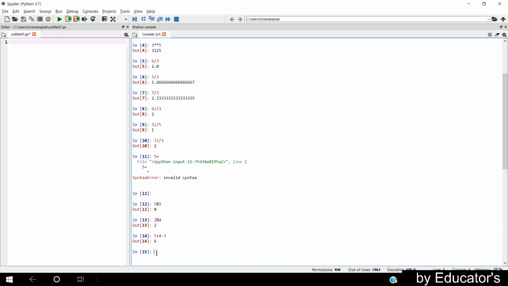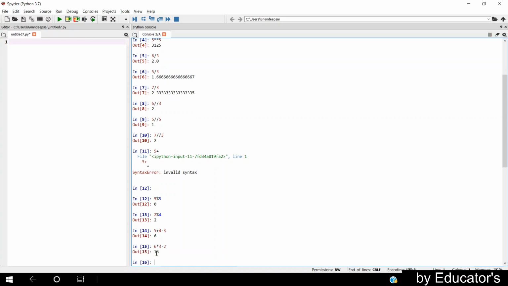And next, if we do something like 6 times 3 minus 2, it is actually 16. But 6 times 3 minus 2 could also be 6 times 1, right? 6 times 1 is 6. The reason is, first it is going to execute 6 times 3 and then it is subtracting 2.